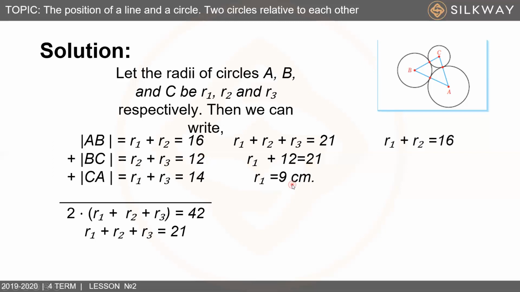Also, we know R1 plus R2 is equal to 16. From here, R1 is equal to 9. 9 plus R2 is equal to 16. R2 is equal to 7 centimeters.